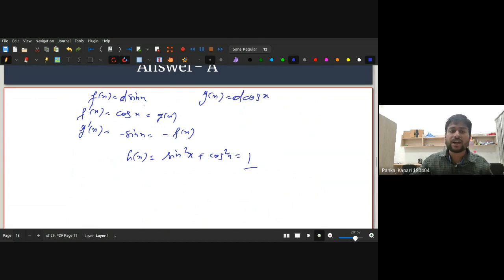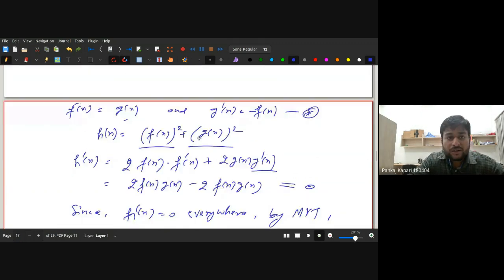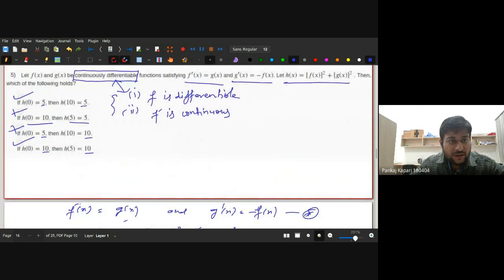Then you will again have the same kind of relations, and h(x) will be just equal to d, right? Or d square. It is not d, it will be d square. So you can have d square and d square. That means basically we can have any constant.